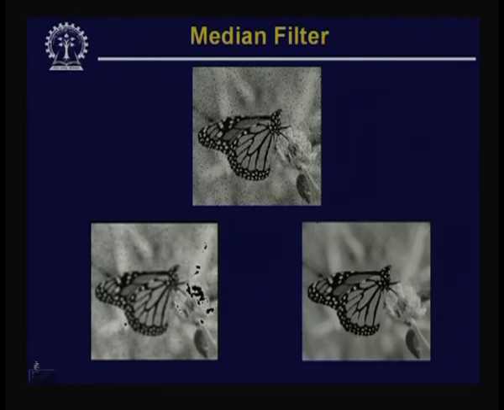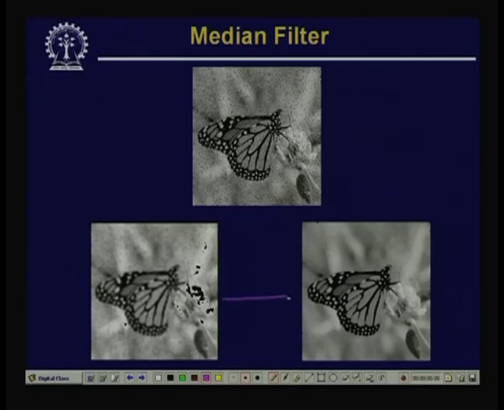This result clearly shows the superiority of the median filtering over the smoothing or averaging operation. Such median filtering is very useful for a particular kind of random noise, known as salt and pepper noise because of the appearance of the noise in the image.